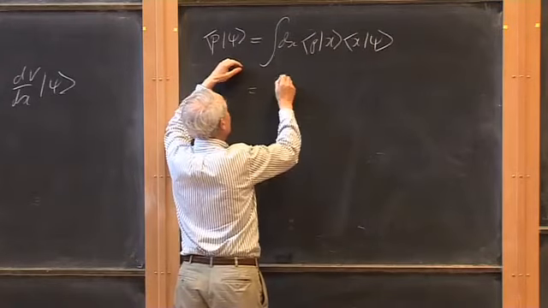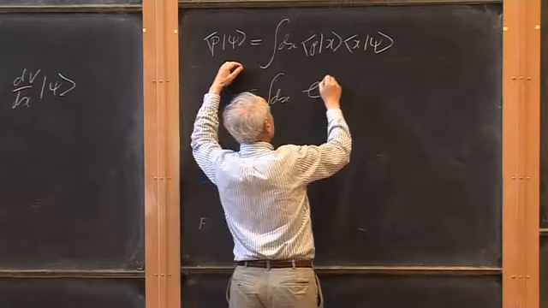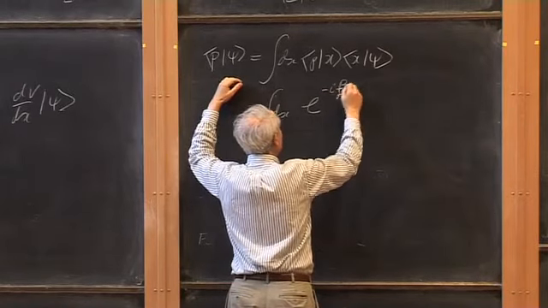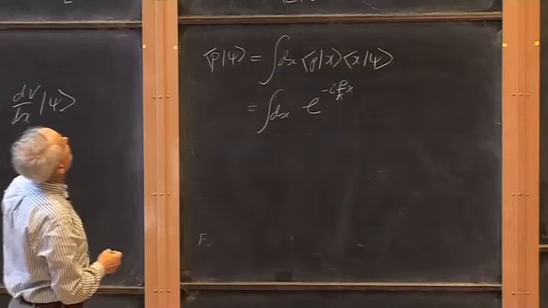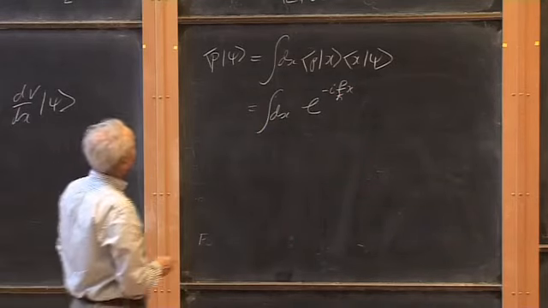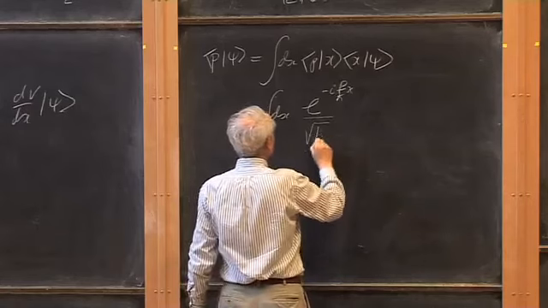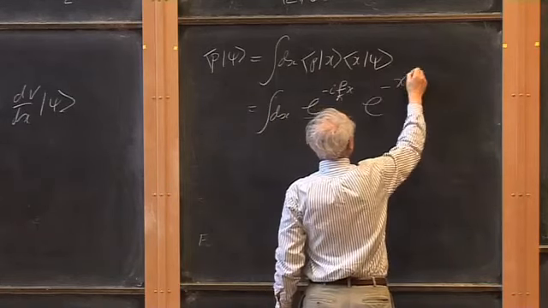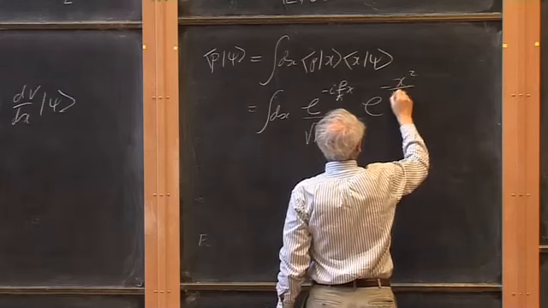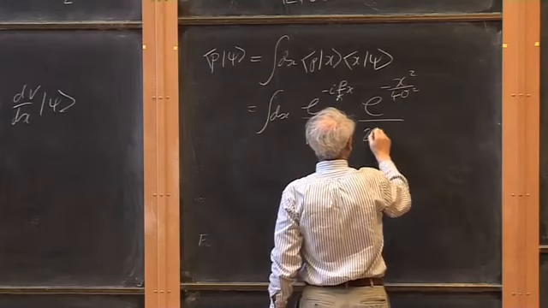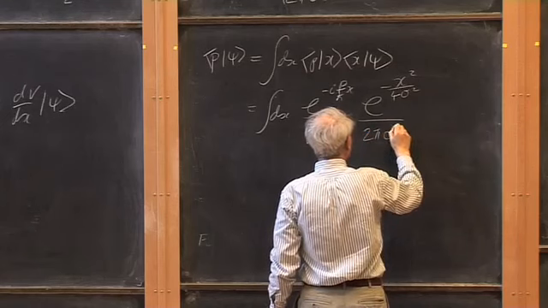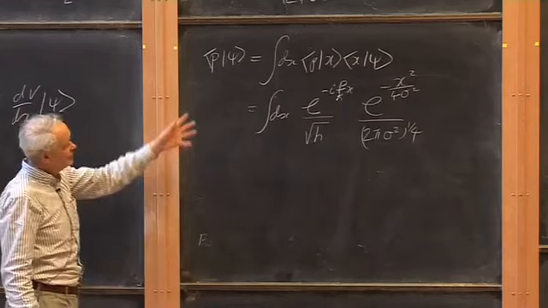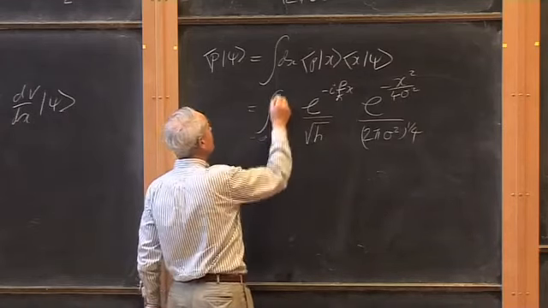So this is the integral dx of e to the minus i p upon h bar x, I believe. I hope I've got that minus sign right somewhere up there, over the square root of h, times this, which is the wave function we just wrote down, e to the minus x squared over 4 sigma squared over 2 pi sigma squared to the quarter power. And we have to integrate this from minus infinity to infinity.